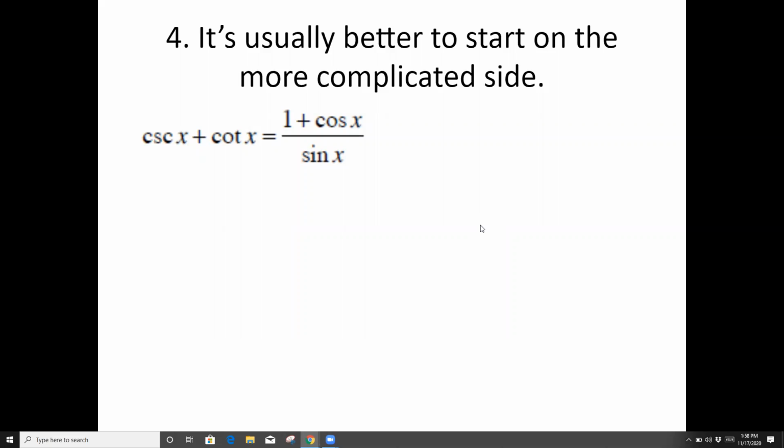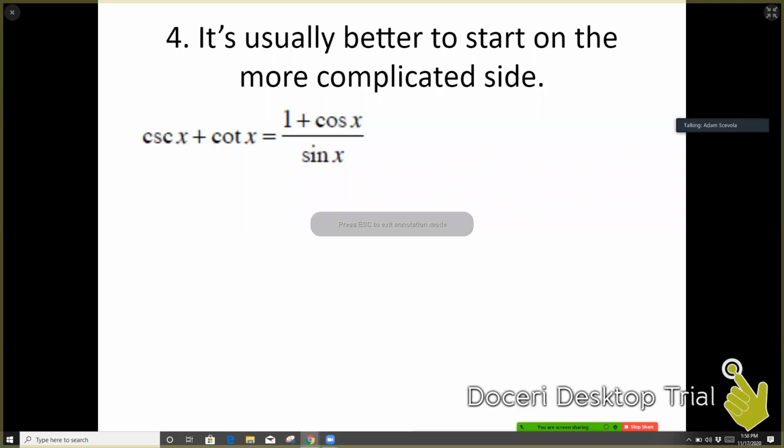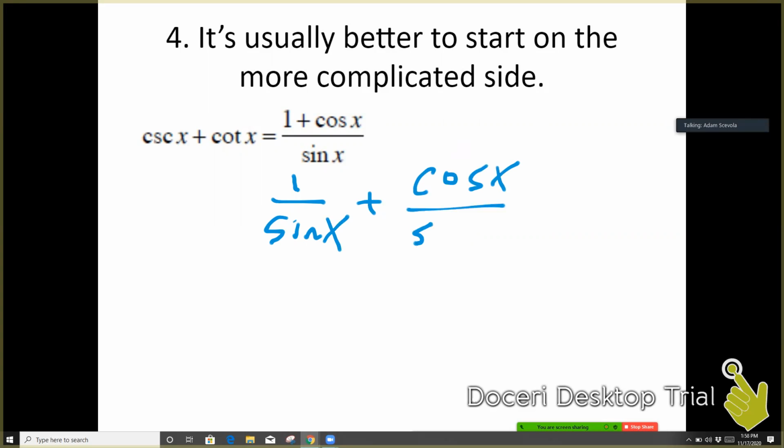You could split the terms again. Yeah, separate them into two terms again. Very good. So you could break this up as 1 over the sine of x plus cosine over the sine of x. Very good.